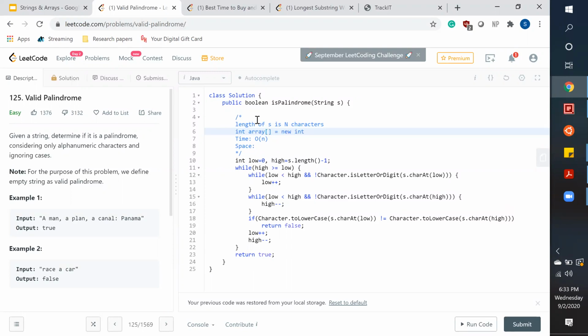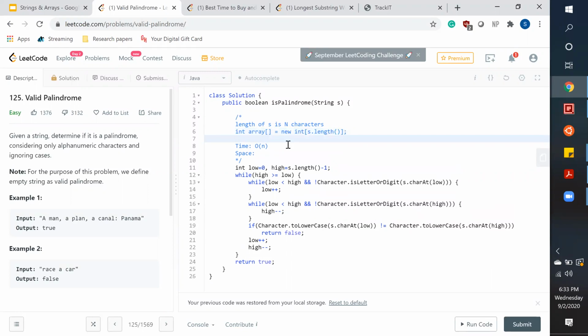If I created an array with the size of my input string, then you know that the size of this array is going to be n. So your space complexity would then be O of n, because that's how much space your program is using to solve the problem.